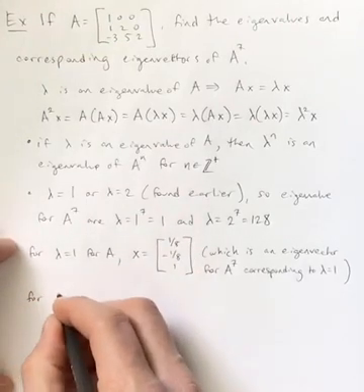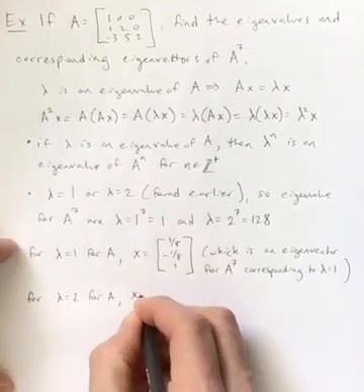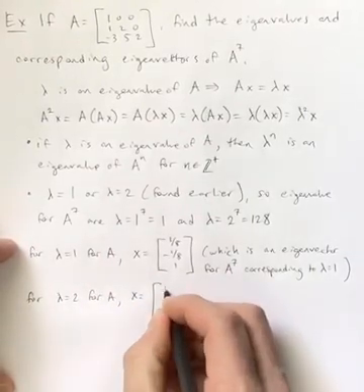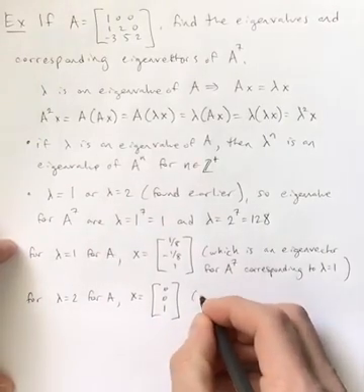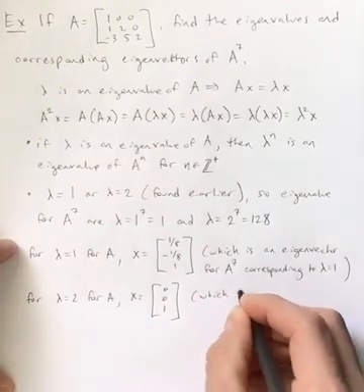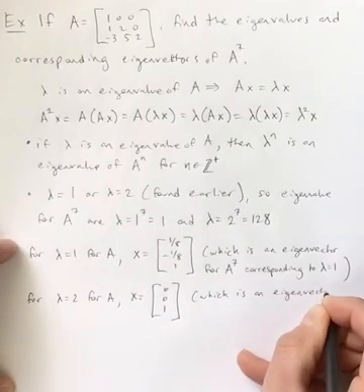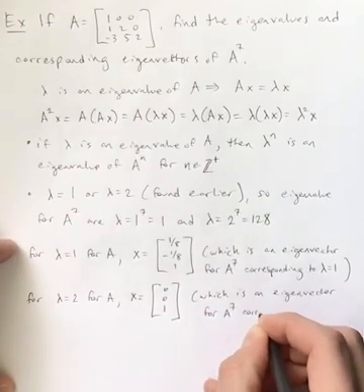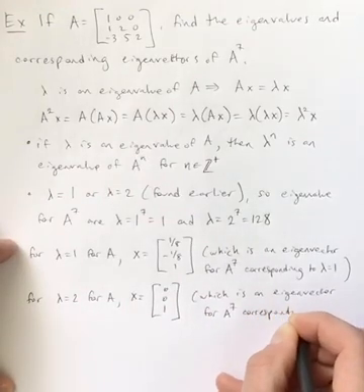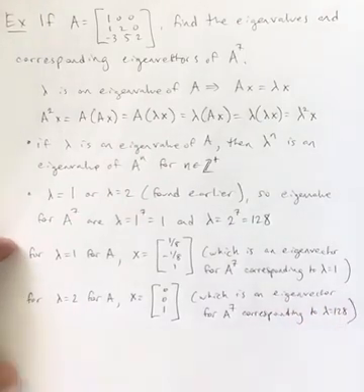Further, from the problem two back, for lambda equals 2 for A, we found that X could be 0, 0, 1. And of course, that means that this is also an eigenvector for A to the seventh, but that corresponds to lambda equals 128.